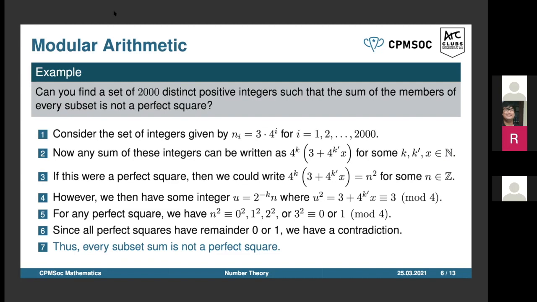Yeah, it's kind of hard. So we're kind of looking for every term here itself is not a perfect square because we always have an odd factor. And we try and find a way that when we add them together, we can still always force in an odd factor somehow.